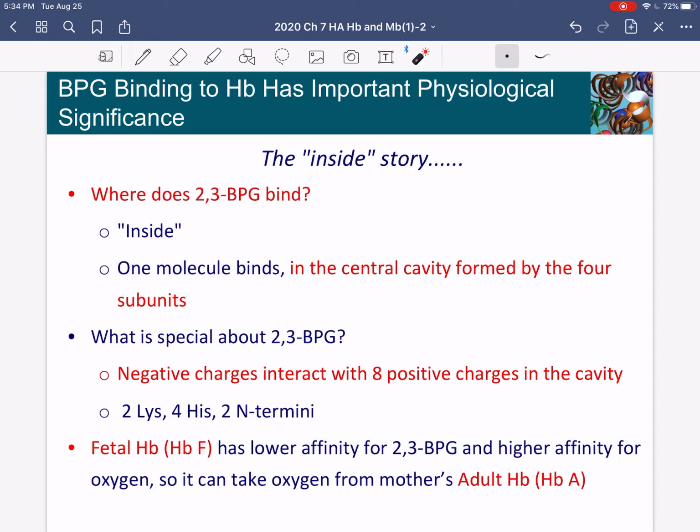And those gamma subunits are missing some of these positively charged amino acids strategically placed by the beta subunits at that central cavity where BPG is bound, okay? And so with the low affinity for BPG, the fetal hemoglobin has a higher affinity for oxygen. And that's how it wins at the tissue capillary interface of the placenta. It wins the oxygen from the mother's hemoglobin.